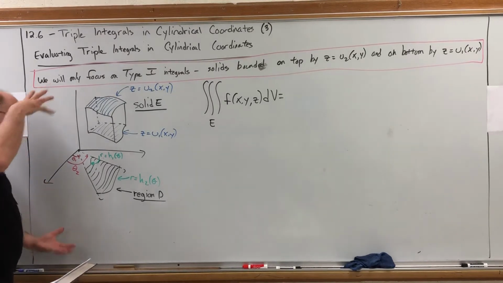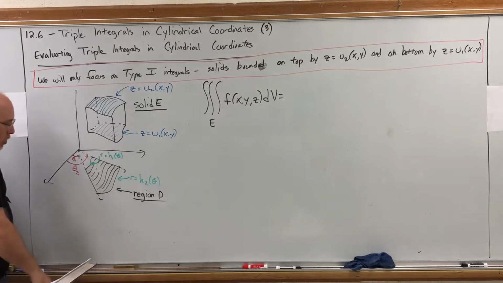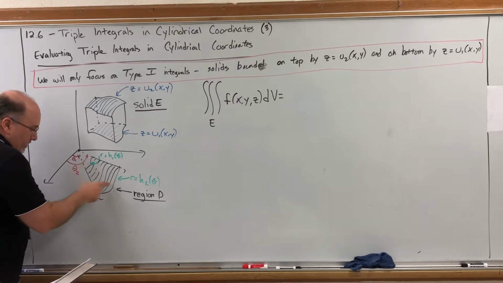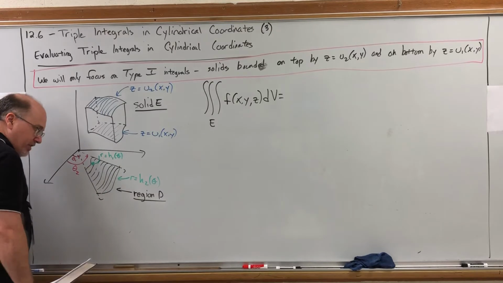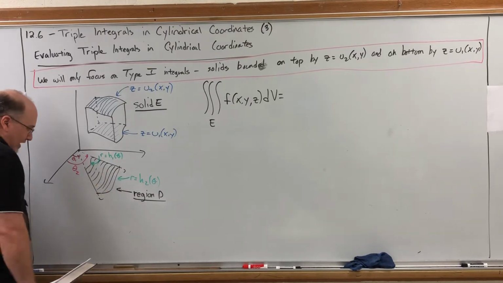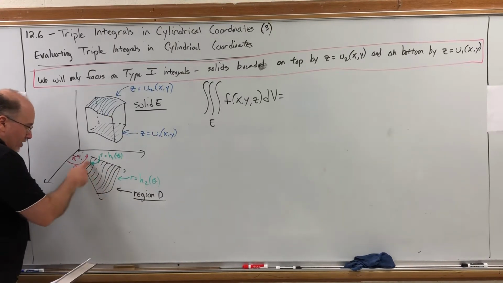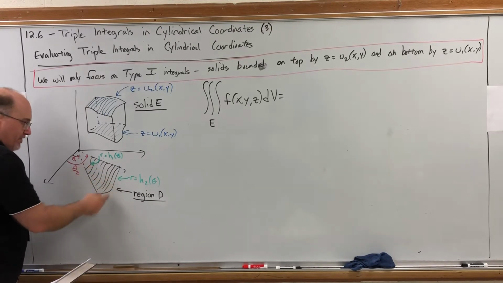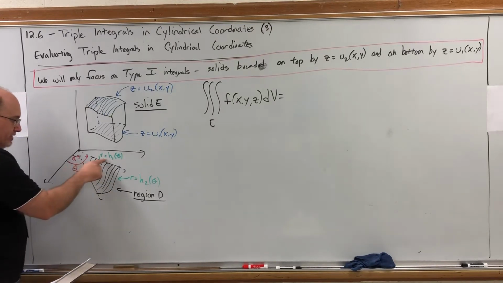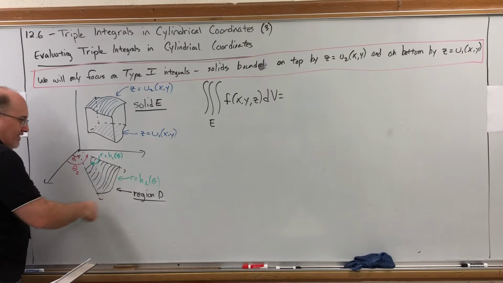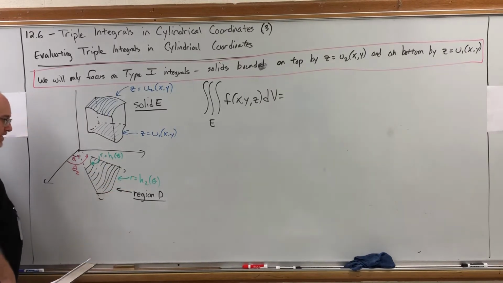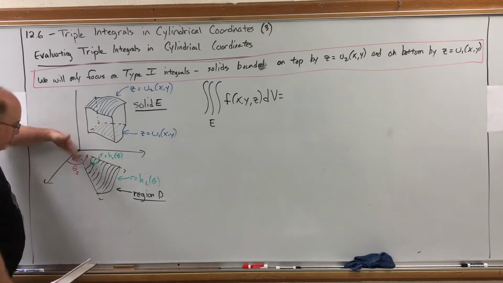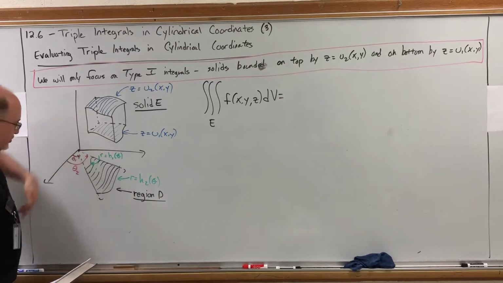The radii are defined as functions of the angle. We'll call the inner radius function h1 of theta and the outer radius function h2 of theta. And of course our thetas are just bounded between 2 constants, theta 1 and theta 2.